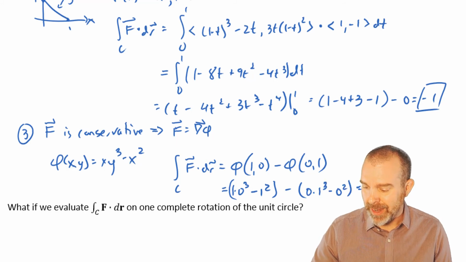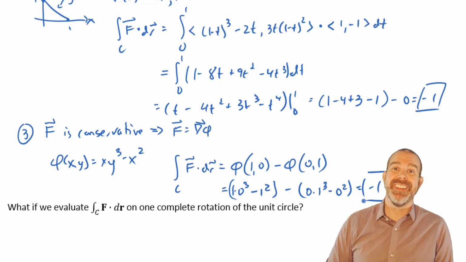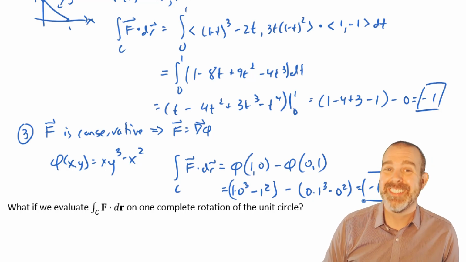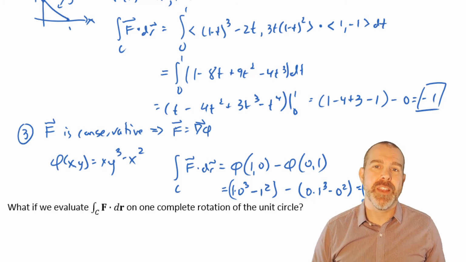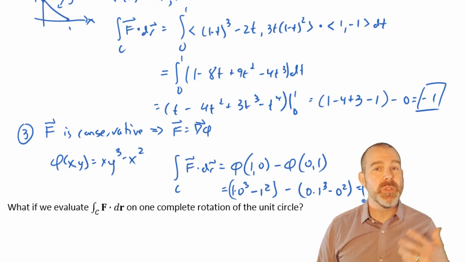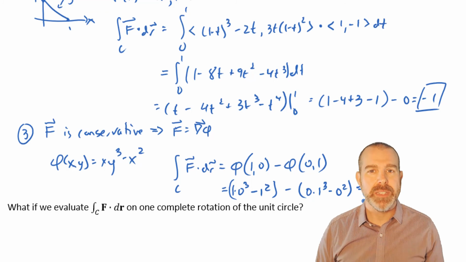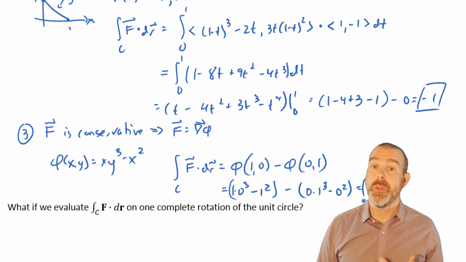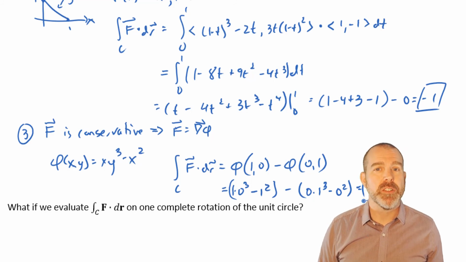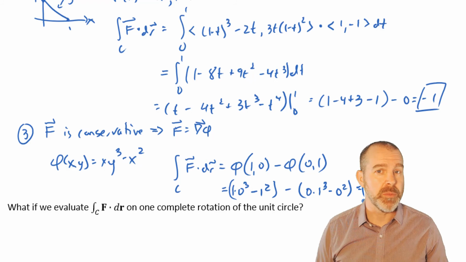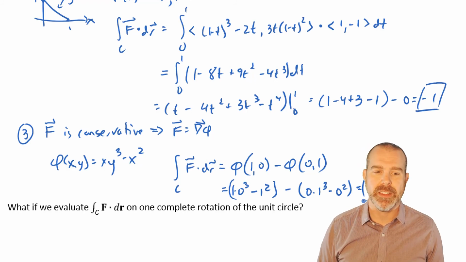You get a negative 1. So, the benefit of this fundamental theorem of calculus is if you can do a little work to find that potential function, you don't have to do a path, you don't have to do any crazy integrals. You do have to find the potential function, but you can just evaluate that potential function at the two endpoints.